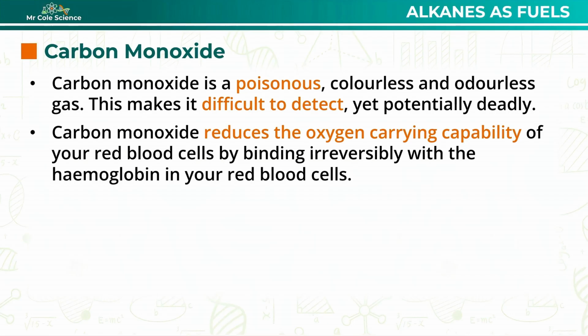This is why incomplete combustion is particularly dangerous in enclosed spaces, where carbon monoxide can build up to harmful concentrations. For example, if a central heating boiler isn't regularly maintained, incomplete combustion can occur, producing carbon monoxide instead of carbon dioxide, putting the lives of those living in the house at risk.